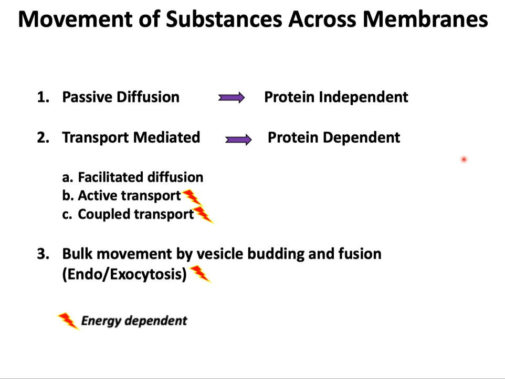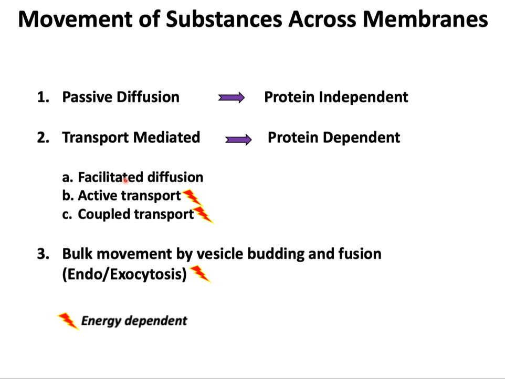Cells can move substances across membranes by a number of processes. They can use passive diffusion, which does not depend on the existence of any protein. Then there are transport-mediated movements of substances across membranes. The characteristic of the transport is usually that protein transporters are involved.